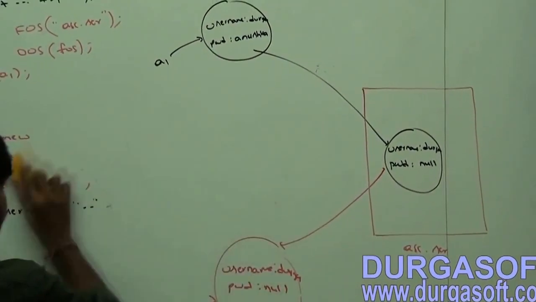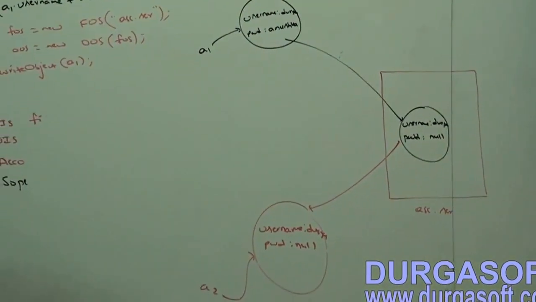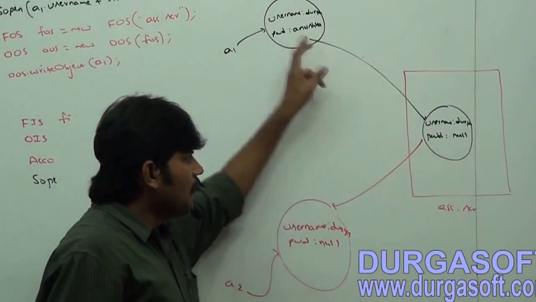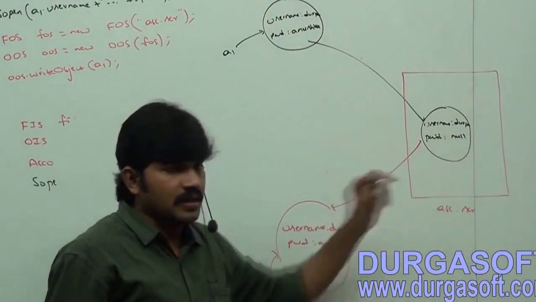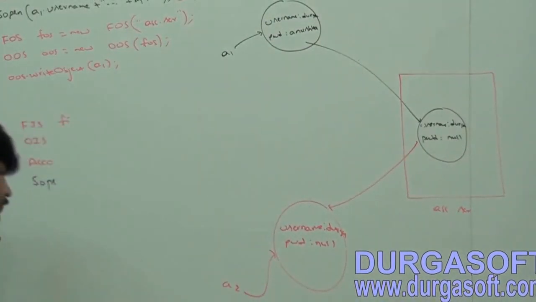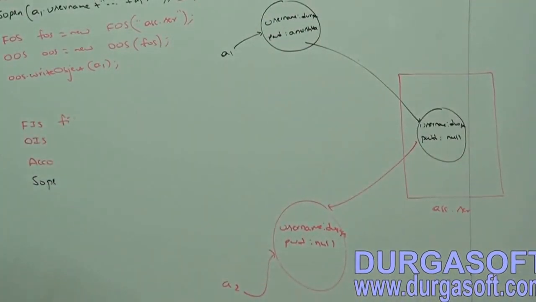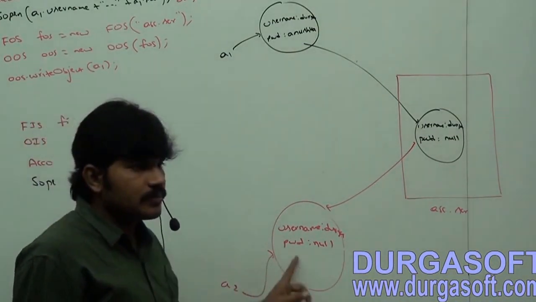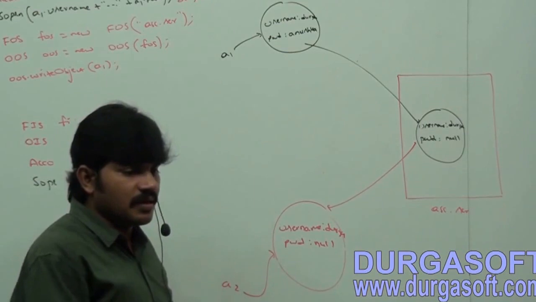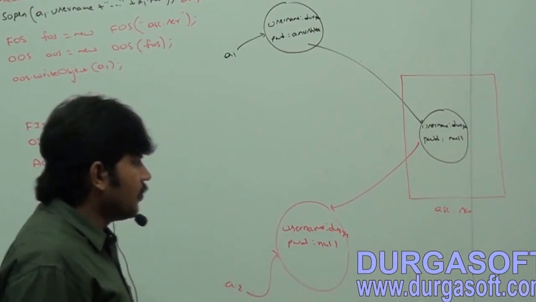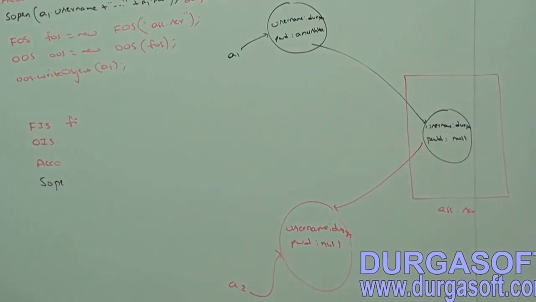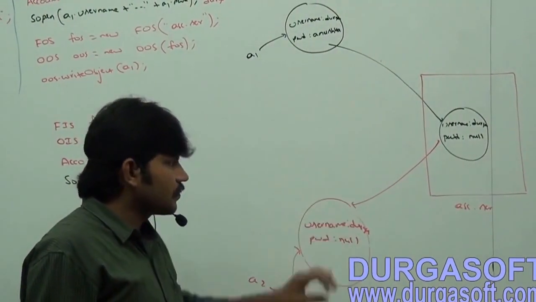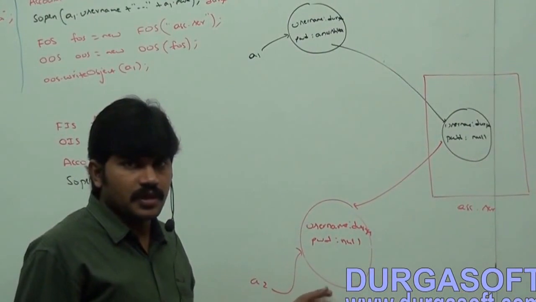Account object, username Durga, password Anushka. Next, username Durga, password null. Next, deserialization, username Durga, password null, and the file name abc.ser. Take this diagram also. Completed, I hope.